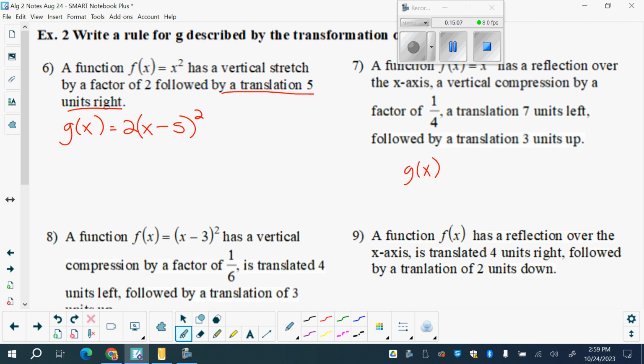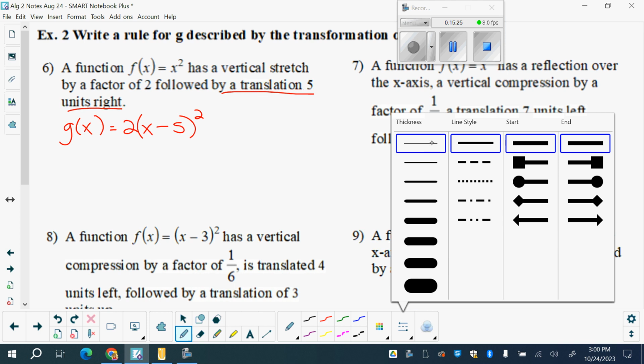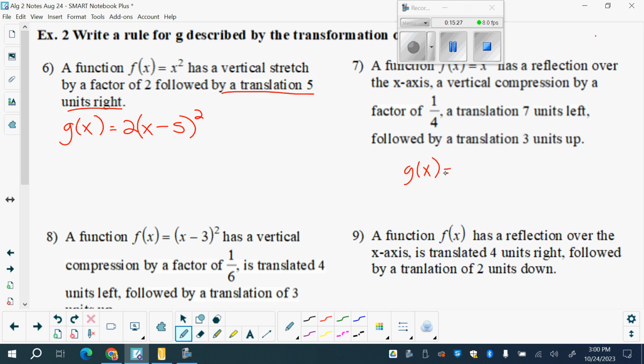So what do the vertical compression of 1/4 and the reflection over the x-axis look like? Where do we put that in terms of the x squared? Equals 1/4. Positive 1/4 or negative 1/4? Negative because of the reflection. Does that make sense? Reflection and then a vertical compression. And then x squared.